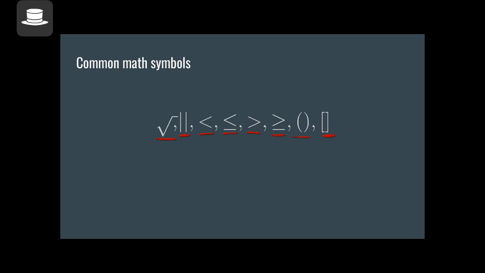And then in the opposite direction, we have greater than and greater than or equal to, meaning anything larger than the given number. So x is greater than 5 would mean anything: 10, 11, 12, 150, right? If it's greater than or equal to, then it means that it could also be equal to 5. Parentheses and brackets, I want to talk about them on the next slide.